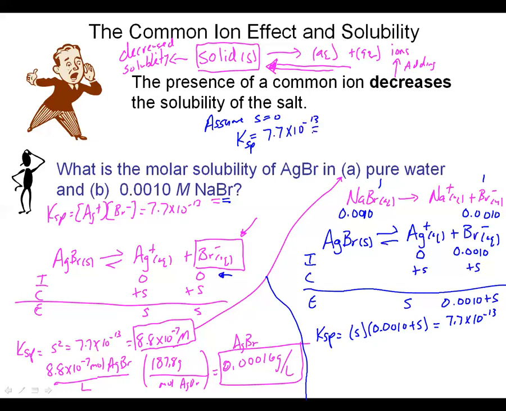That is a super small value, which means that when we do reach equilibrium, we're pretty much going to have this guy there mainly. And what that means is if it's not going to break apart a lot, we would not expect the change, or the S part in this case, to be very different.